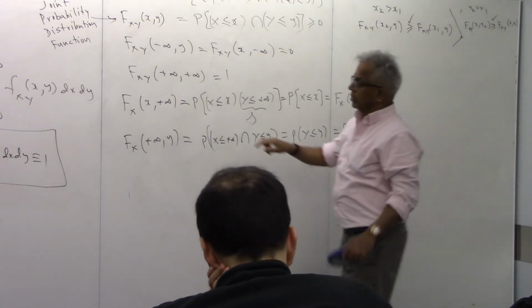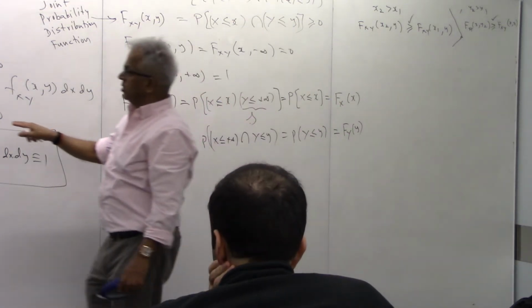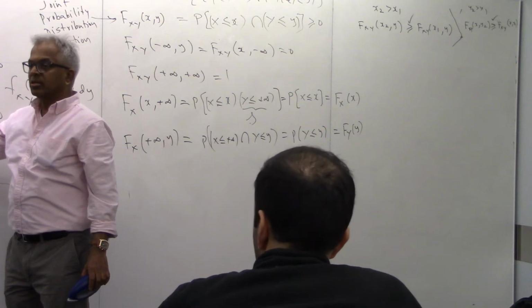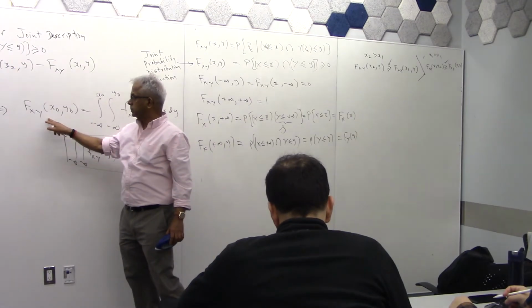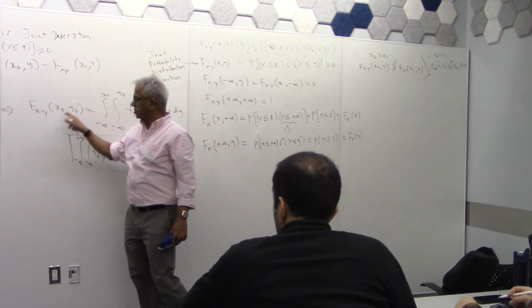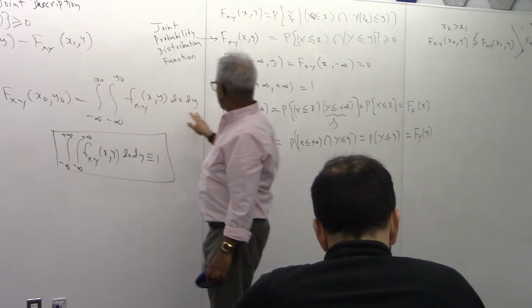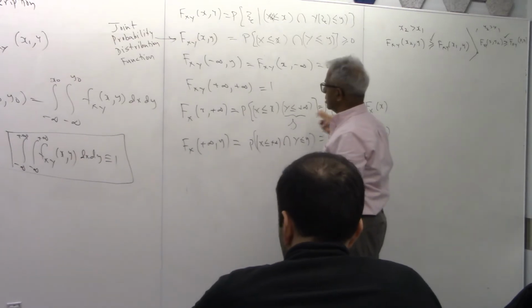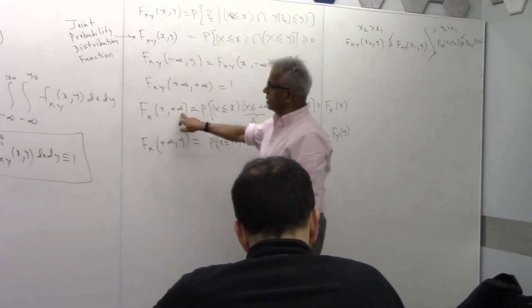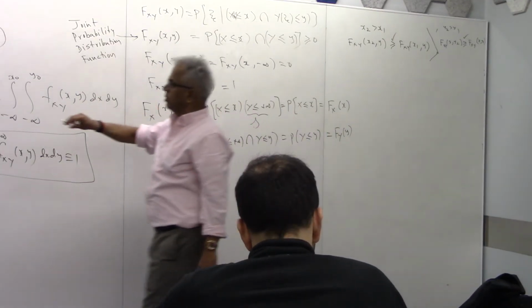Look here, let's put these things together. To get the distribution function, this is the joint distribution function you can get from the joint density function. Let's do what we have done here. Let's put y naught to be plus infinity.